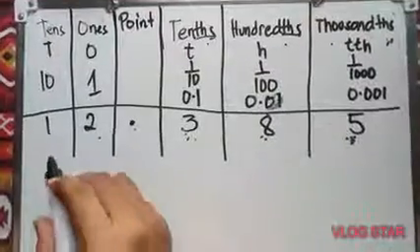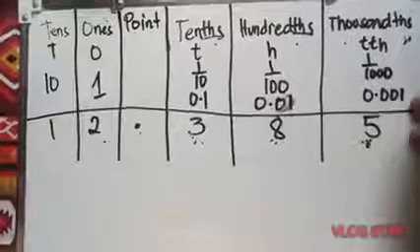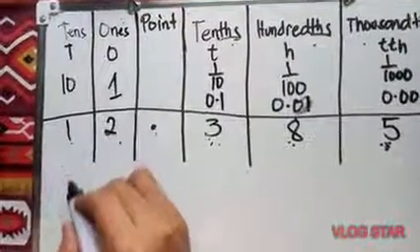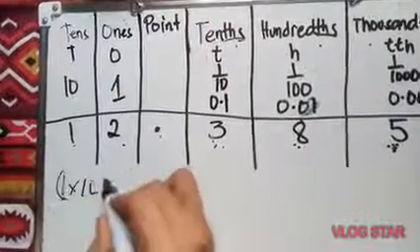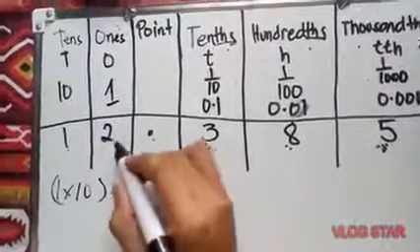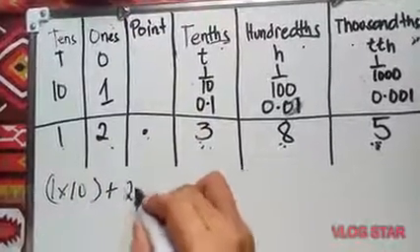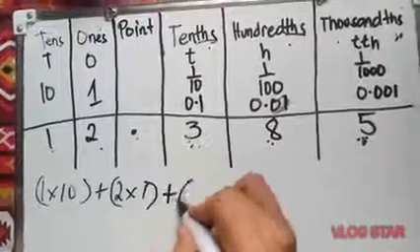Next, we are going to expand 12.385. Since 1 is in tens place, 1 times 10, then plus. Since 2 is in ones place, 2 times 1, then add.